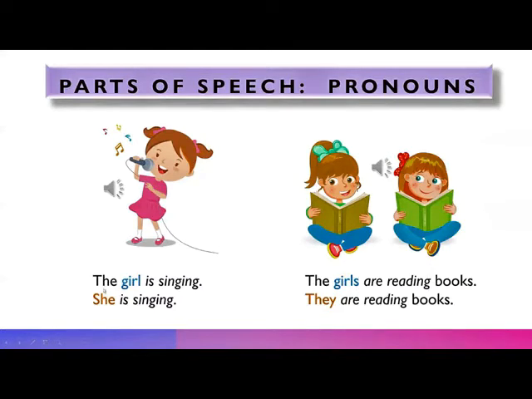She replaces girl. The pronoun she is for a female. They is used when we have two girls, two boys, more than one man, more than one woman. We use the word they.